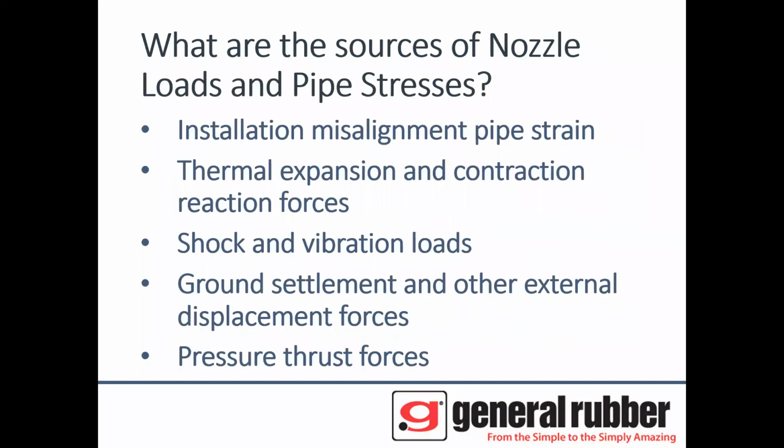It is good to look at the sources of nozzle loads and pipe stresses, and they are installation misalignment pipe strain, thermal expansion and contraction reaction forces, shock and vibration loads, ground settlement and other external displacement forces, and pressure thrust forces.